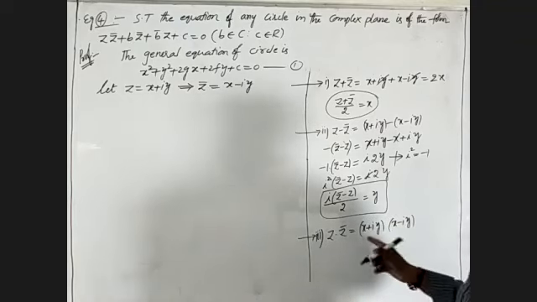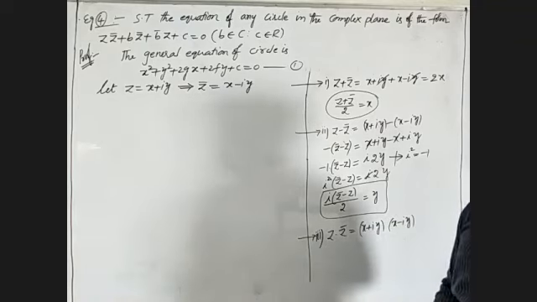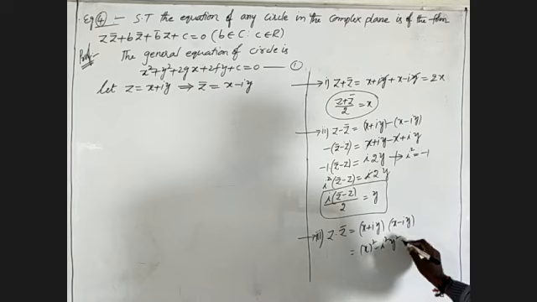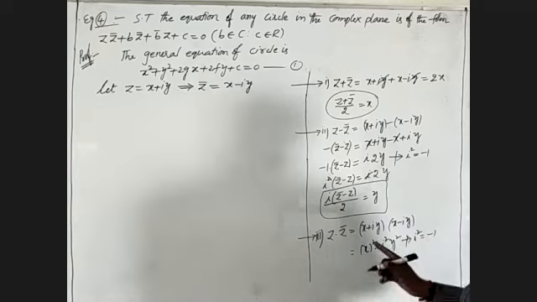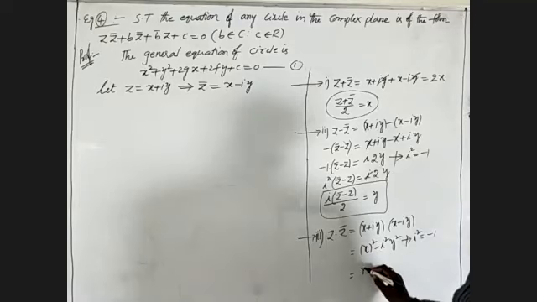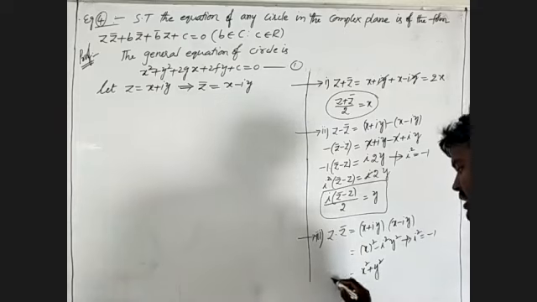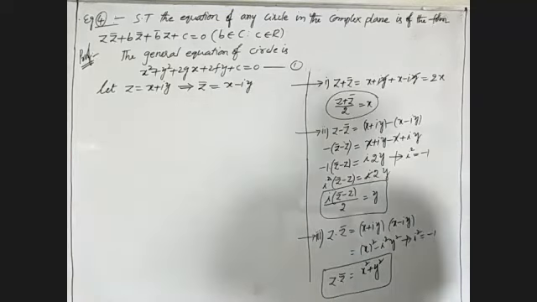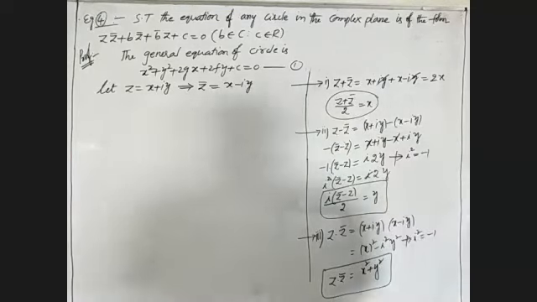It is of the form (a plus b) into (a minus b), so it is written as x square minus i square y square, where i square is minus 1. Minus into minus becomes plus, so it is x square plus y square. This is the value of z into z bar. That means z into z bar is x square plus y square.